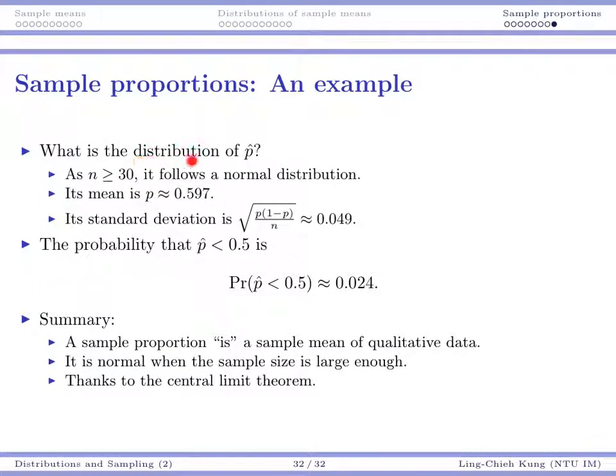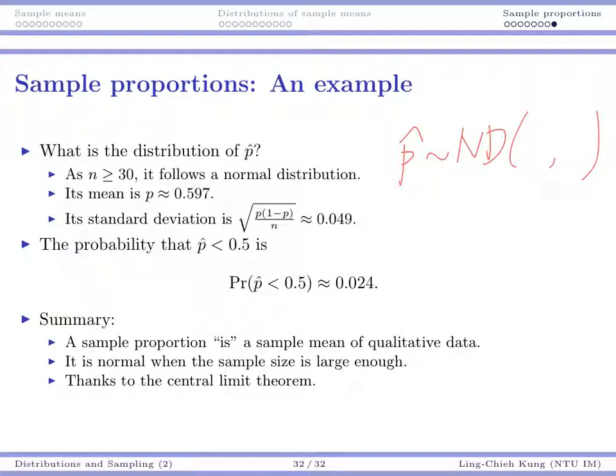So the distribution of p hat is the following. Because n is at least 30, it's a normal distribution. So we're saying that p hat is normal, okay, according to central limit theorem. And then the mean would be around 60%. And this has nothing to do with central limit theorem. This is the simple fact we get at the very beginning of today's lecture.